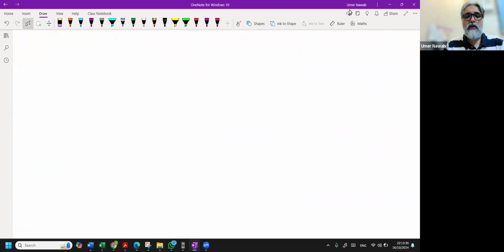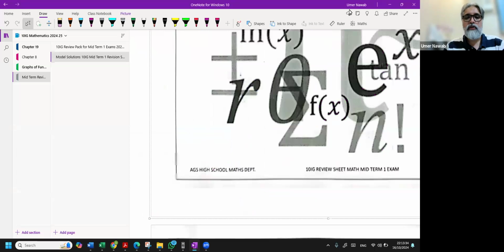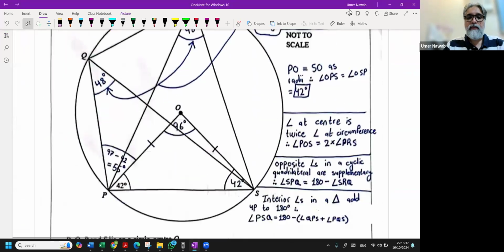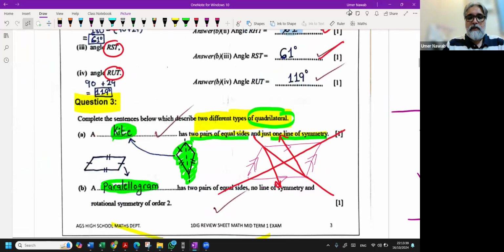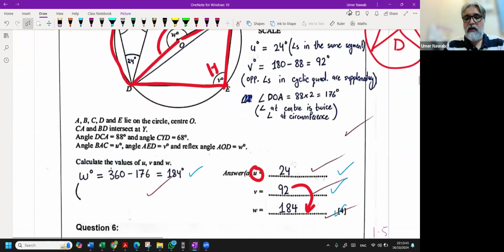So an important point in this question, which I found out, is that sometimes the examiner may engage algebra in the properties.